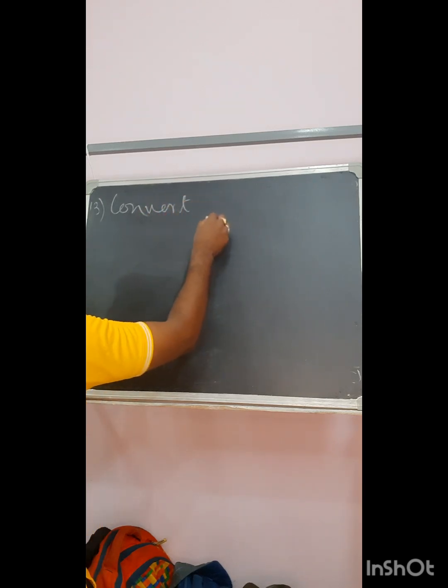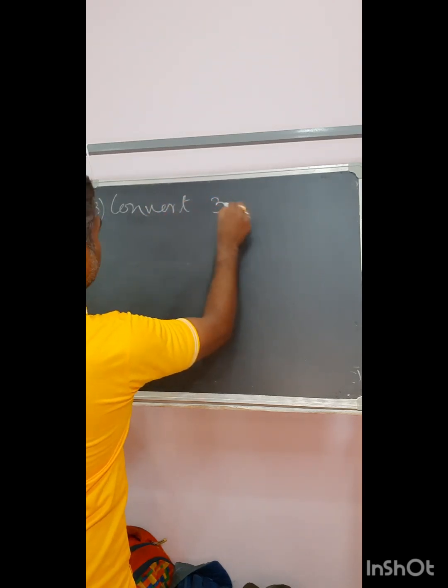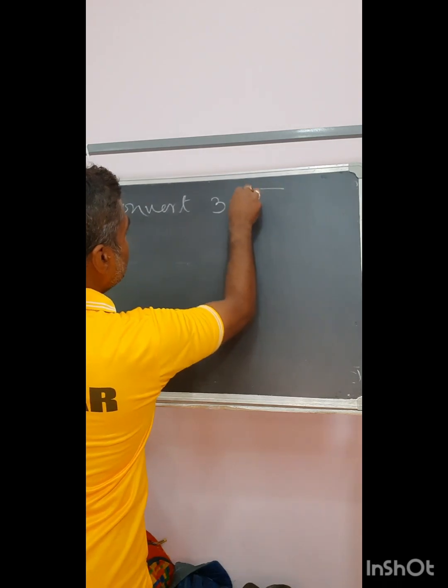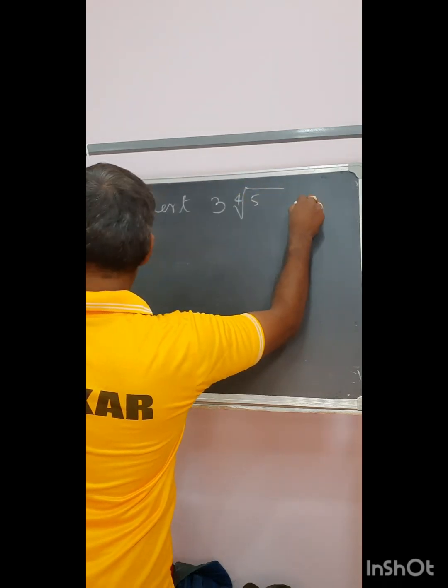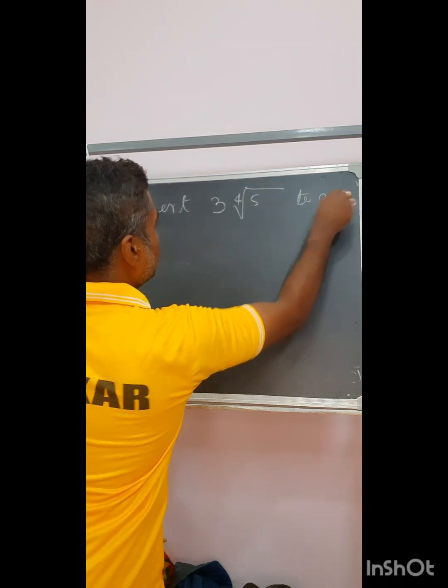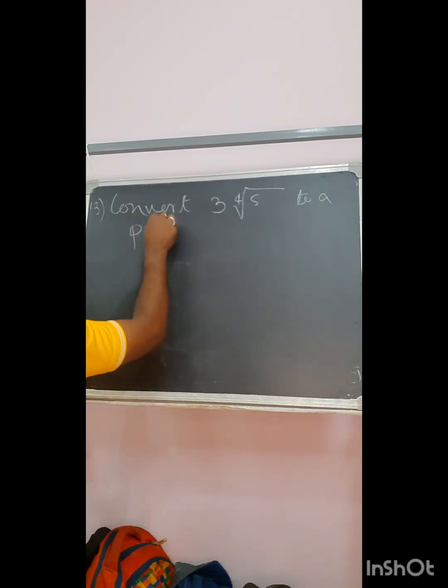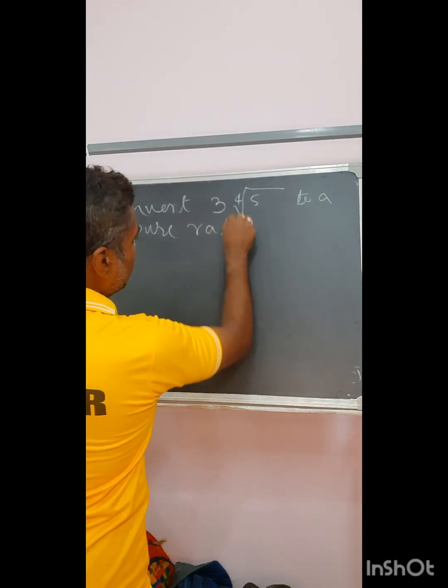Coming to the next problem, this is your 13th problem: convert 3 into 4th root of 5 to a pure radical.